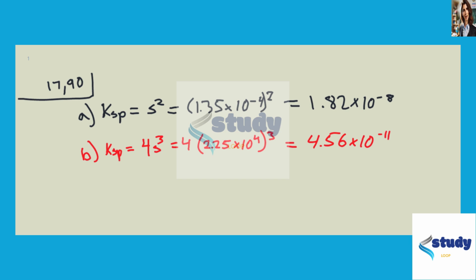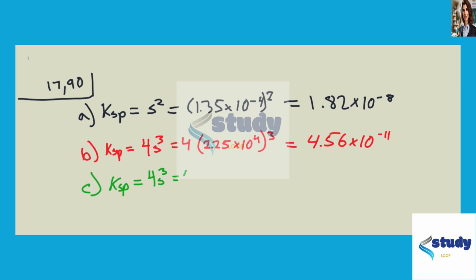And finally, for part C, KSP, we have this time A2X. So the term will be the same as for AX2 because it doesn't matter if it's the anion or the cation, the term will be the same.